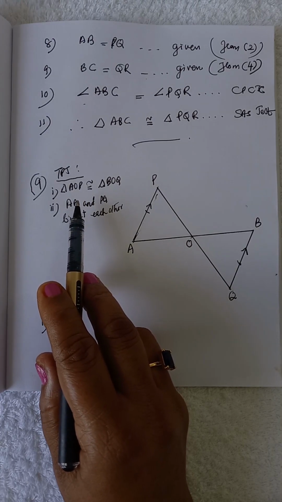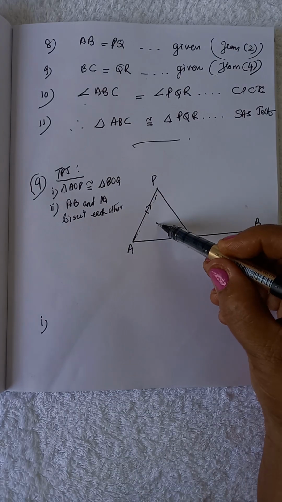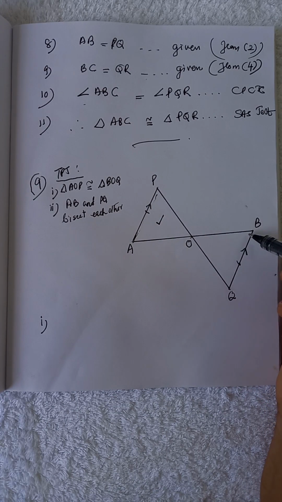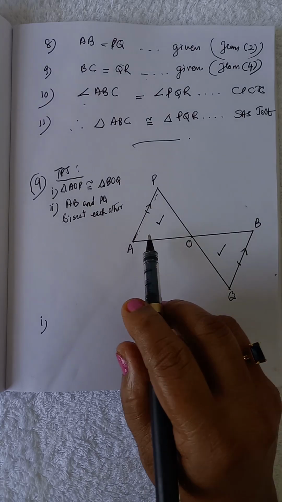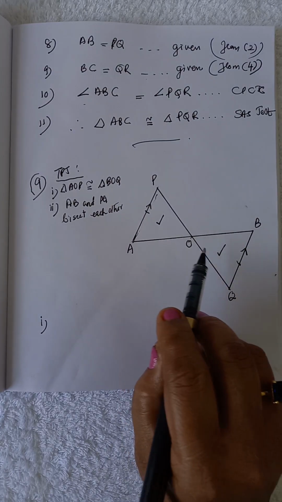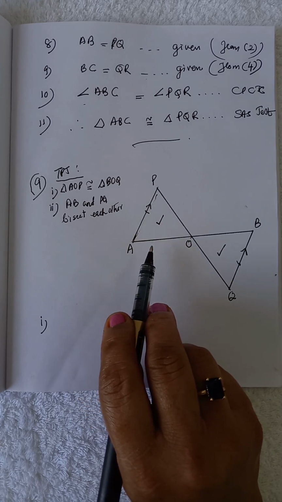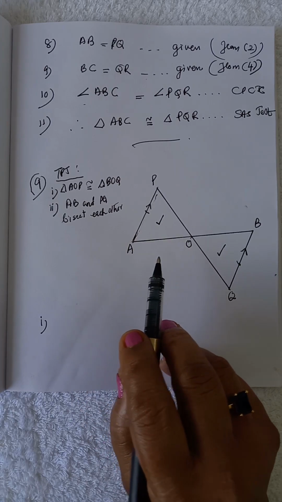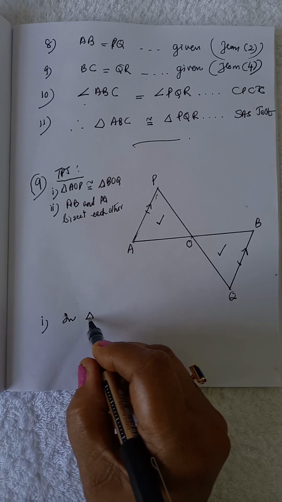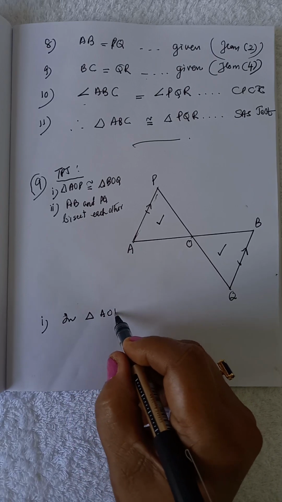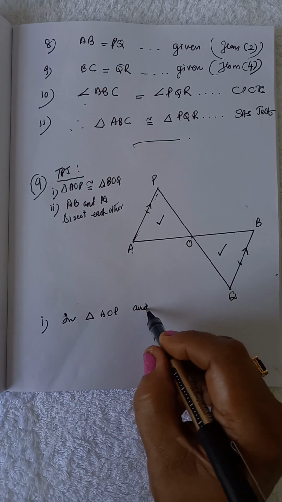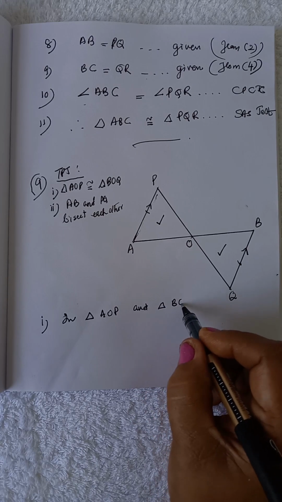In the first question, we have to prove that triangle AOP is congruent to triangle BOQ. So let us take two triangles AOP and BOQ. If we can show that three corresponding parts of these two triangles are equal, these two triangles will become congruent to each other. So let us write in triangle AOP and triangle BOQ.